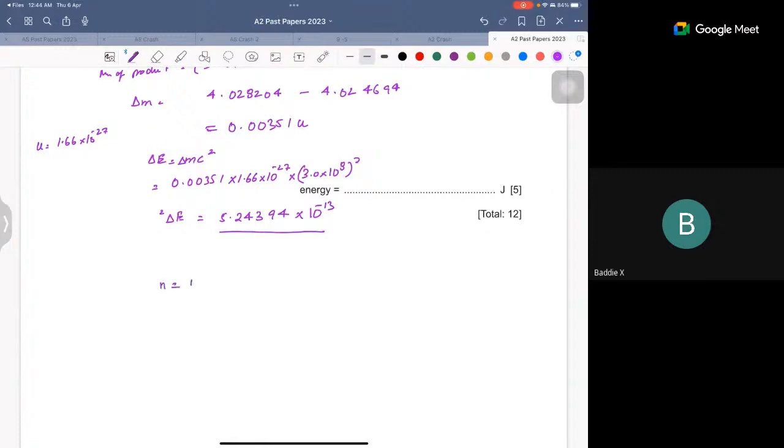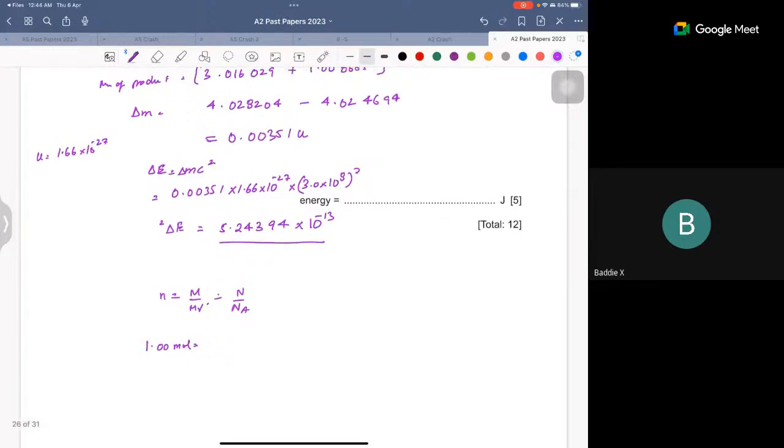N equals M over MR, so that's going to equal N over Na. That's basically 1 mole of this, which should go into 2 parts, like there are 2 different molecules.